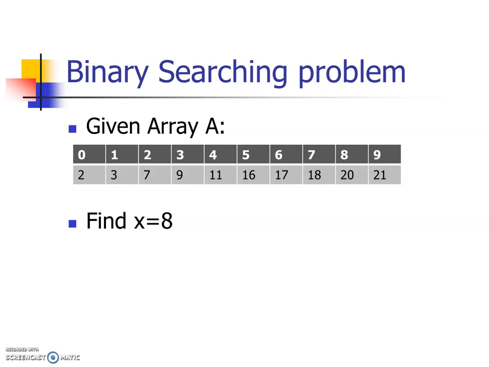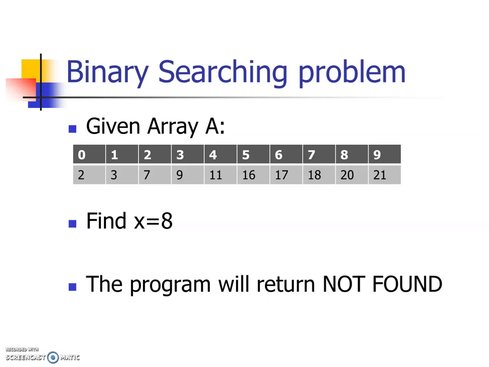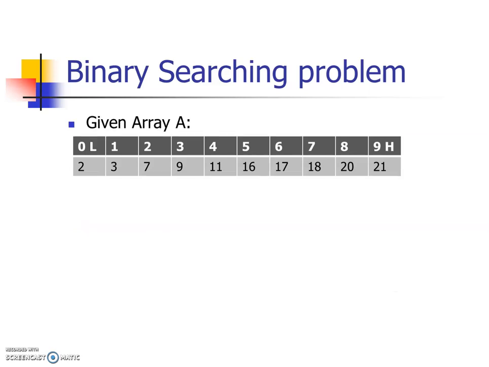Let's take a look at this example. This is array A, a sorted array. Now we change our x to 8, indicating that it is not there. We want to know how the program is able to tell that x, which is 8, is not in the array, so that the program returns not found. Let's see how we do that.